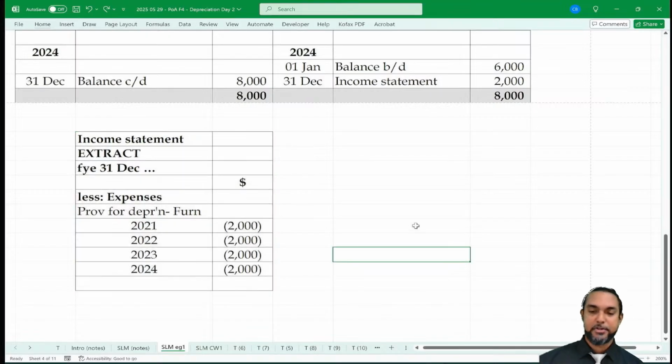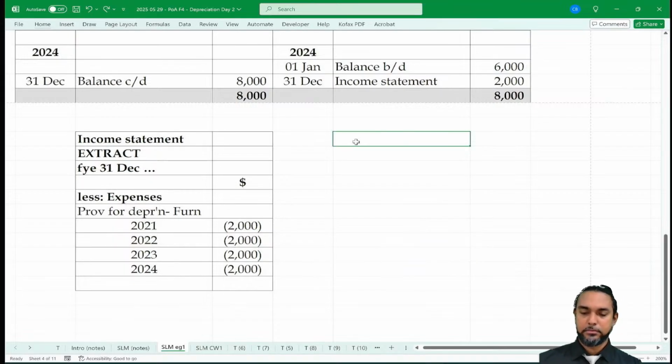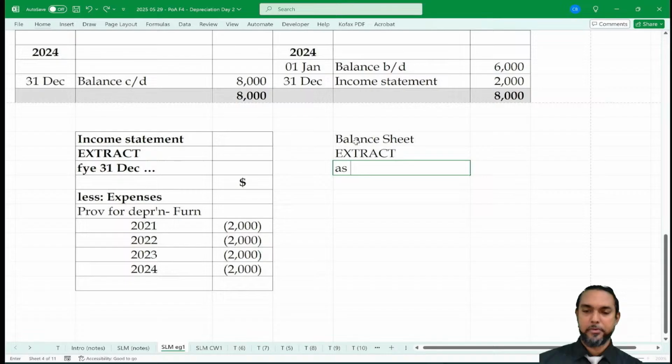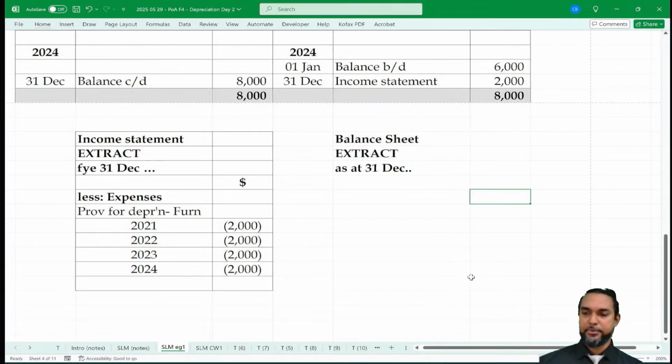Now for the balance sheet extract, I'm going to have to, actually I could show it there. Right. Okay, now when we are dealing with depreciation in the balance sheet, we have 3 columns.